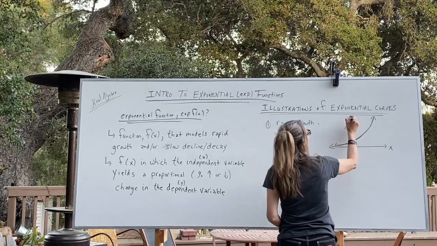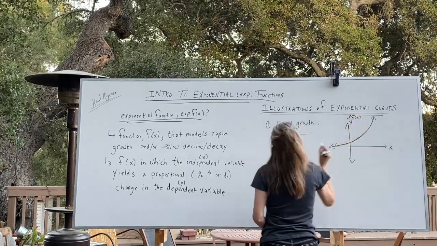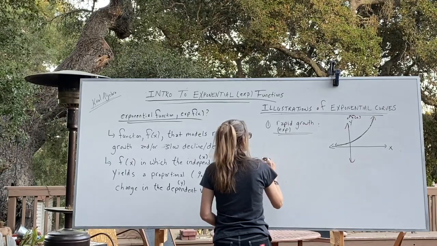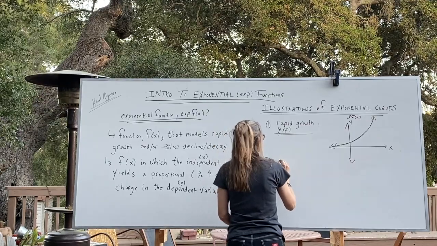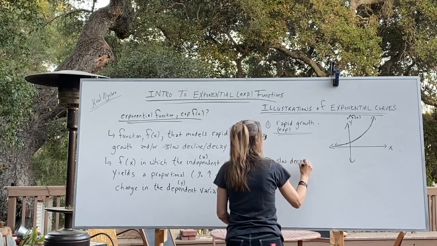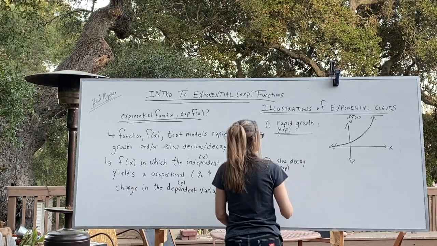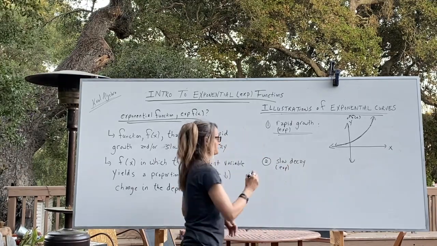So this is y, or again f of x, and then we have exponential decline, so slow decay or decline, exponential decay.